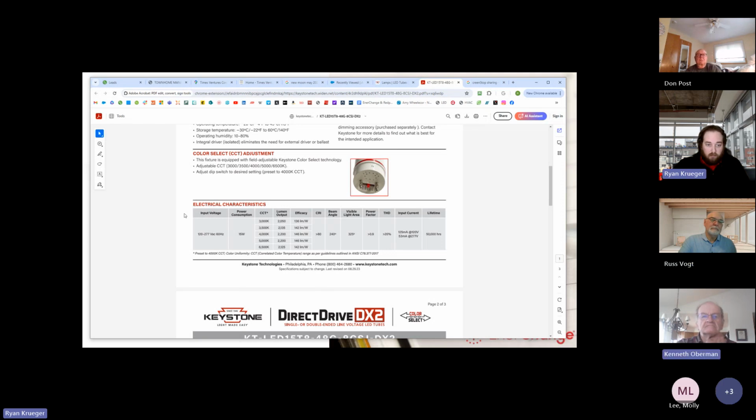And if by odd chance you're running 480, this won't work. In that application, you need to find fixtures that only run 480, which generally means you're working in explosion proof fixtures and it gets pretty complicated. But the power consumption is still 15 watts.